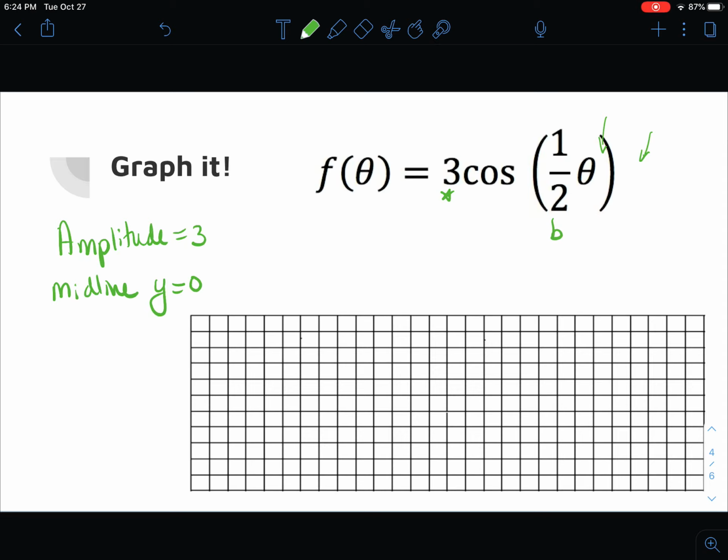I do see a b value of 1/2. So PB equals 2 pi, and this works for cosine and sine. I put in the b value, which is 1/2. To solve for p, I multiply both sides by 2 and get 4 pi. So 4 pi is the period. It will take 4 pi, that's the length of a complete cycle.